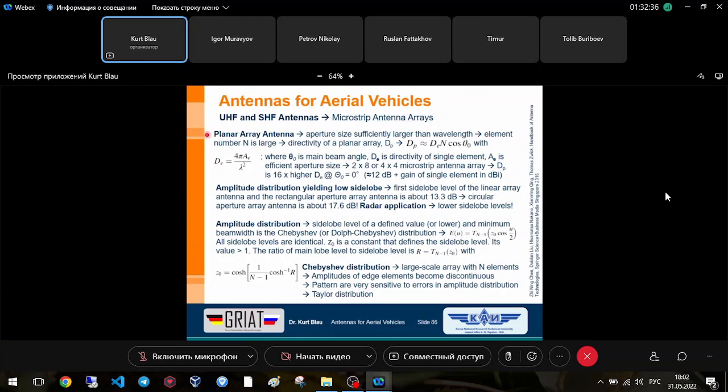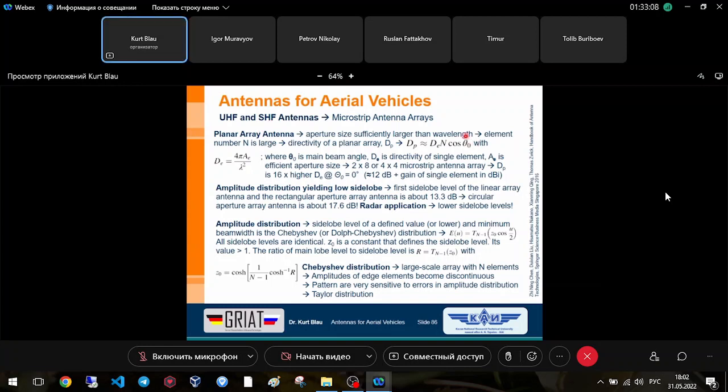Now, the directivity of a planar array can be written in this way. This is the directivity of the planar array. It is the directivity of the single element multiplied by the number n of the elements, and this is the angle of observation.